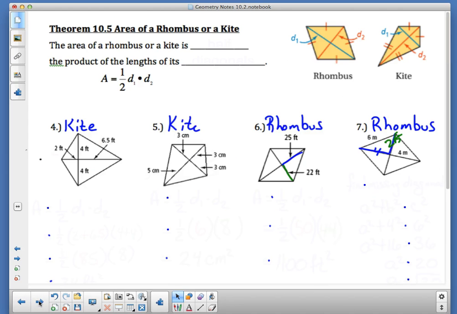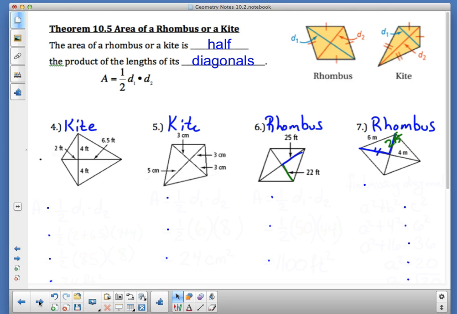We have the area of a rhombus or a kite, and the area of a rhombus or a kite is half the product of the length of the diagonals. Now this might be new. You might have broken up these shapes as triangles before, to find their areas using 1/2 base times height, using the diagonal as the base and then the partial of another diagonal as the height.